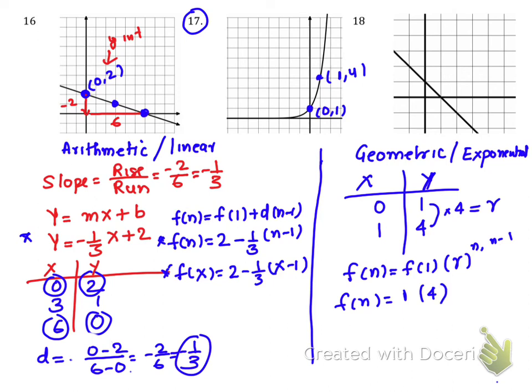If I plug in n equal to 0, 4 to the power 0 is 1, and 1 times 1 is 1. So in this case this one is working.